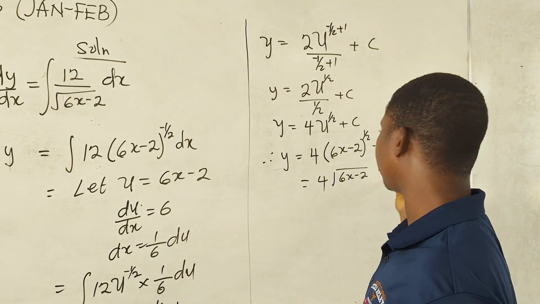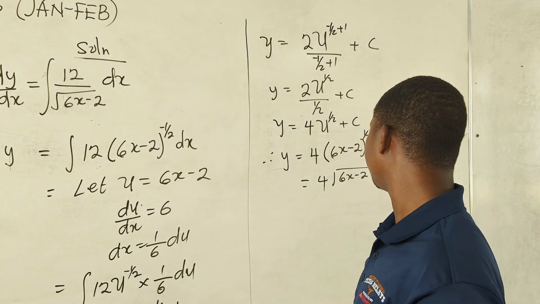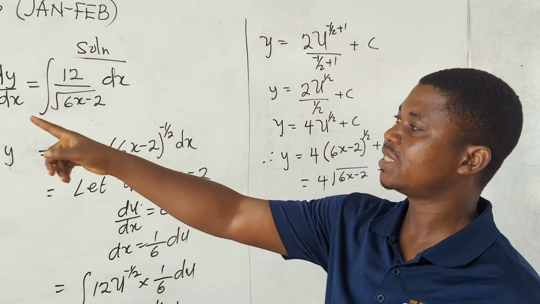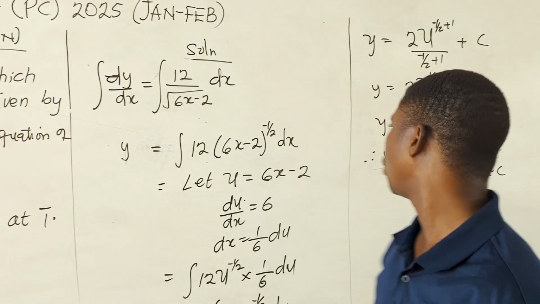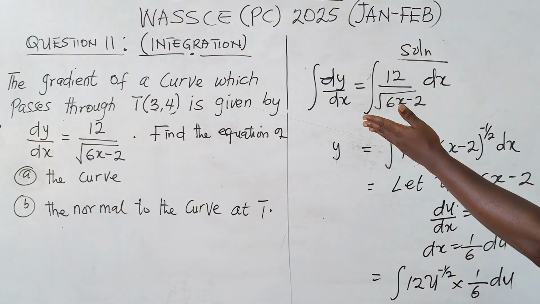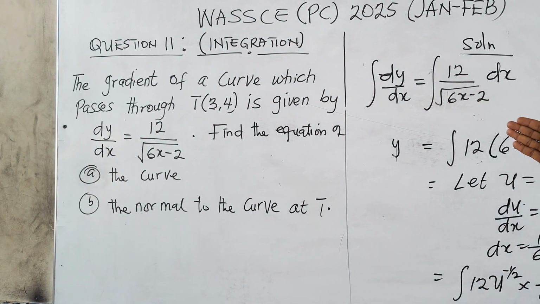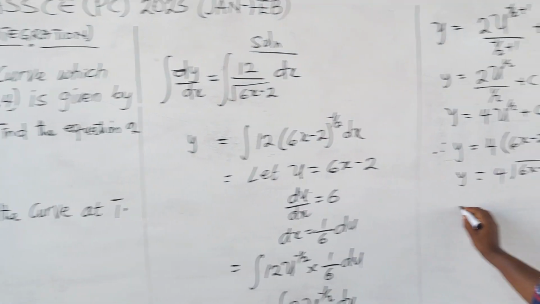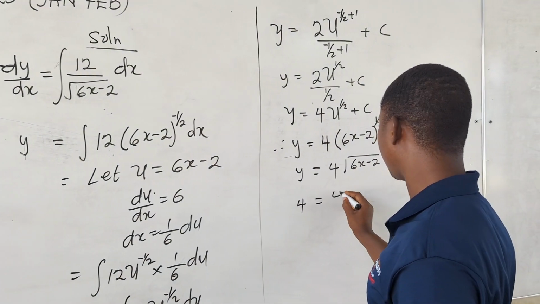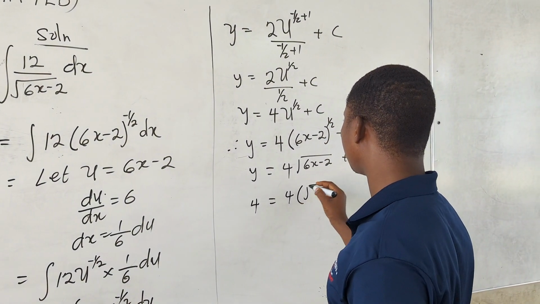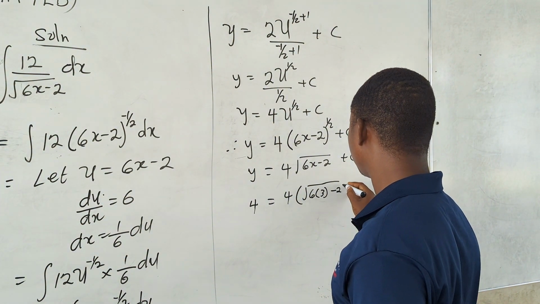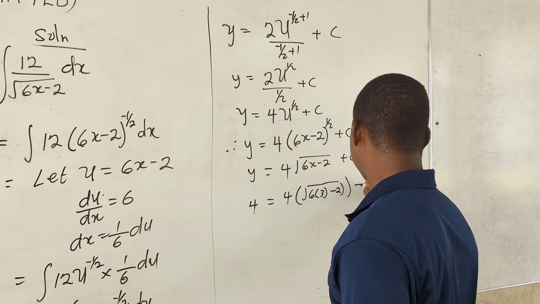But we have still not completed the curve because we have c. From the question, T is equal to (3, 4). So wherever you see y, you put 4, and whenever you see x, you put 3. We have 4 is equal to 4 multiplied by the square root of 6 times 3 minus 2, plus c.